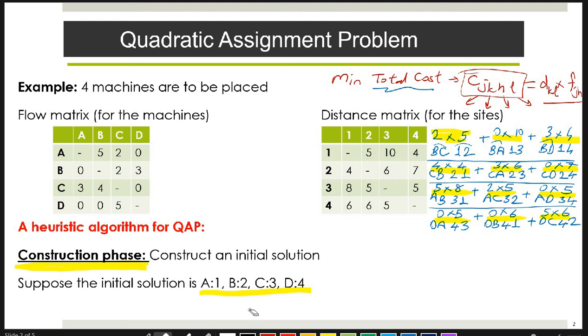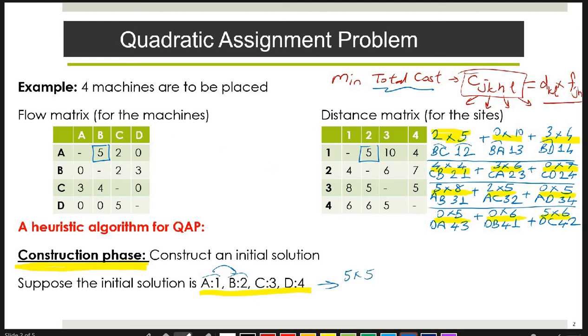Why is that? Because if you want to calculate the cost associated with this solution, you will simply multiply the flow from A to B by the distance from 1 to 2, because A is assigned to 1 and B is assigned to 2. So it will be 5 times 5.